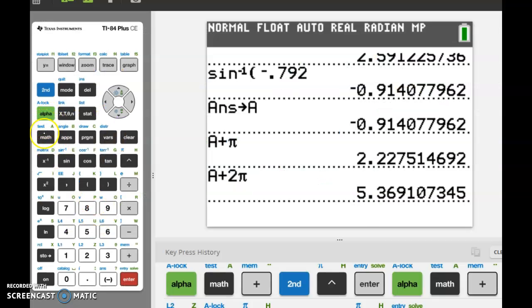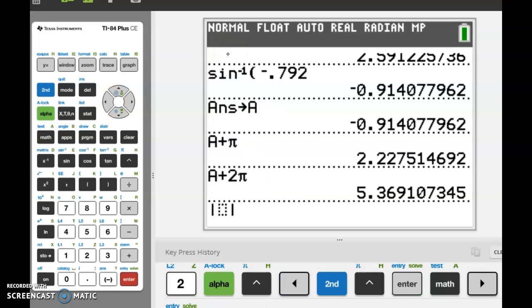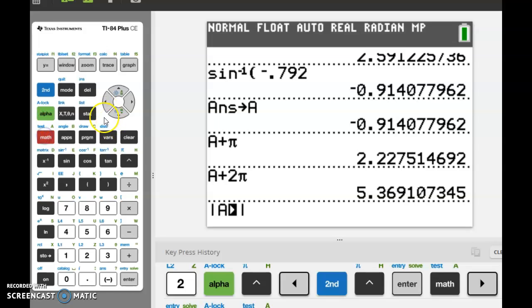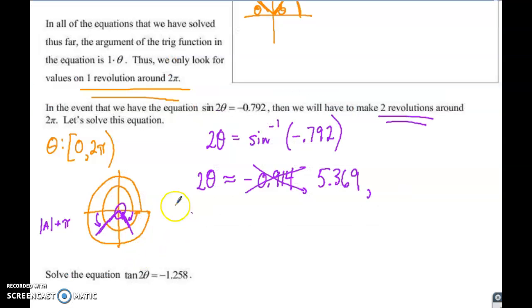If you didn't know, in the math key you do have absolute value, so your calculator can do the absolute value. And you get about 4.056. Oops, I wanted to write that here. How about we go in order?